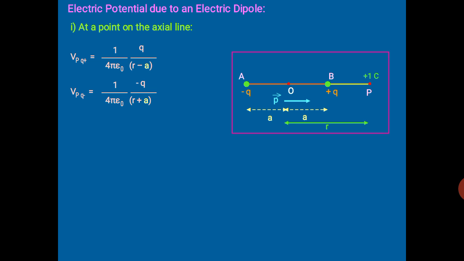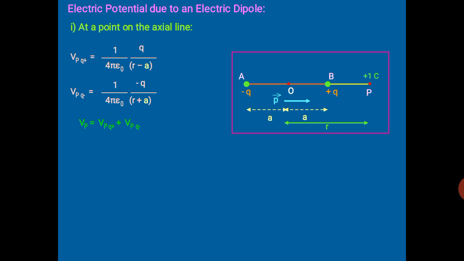Is it clear? In these two cases the distances are r minus a and r plus a; if the charge is positive we get positive potential, and if the charge is negative we get negative potential. Electric potential is a scalar quantity, so the net potential means simply you have to add these two.